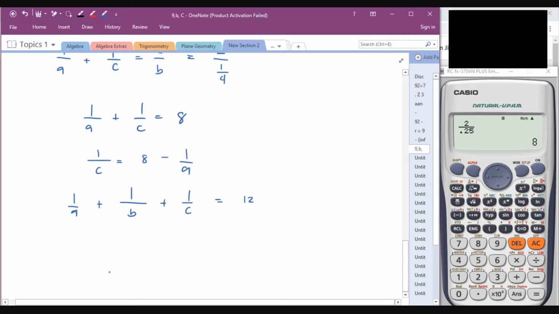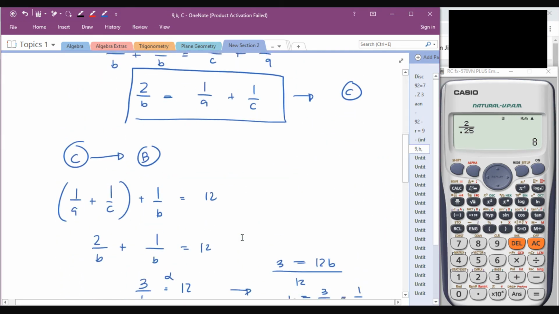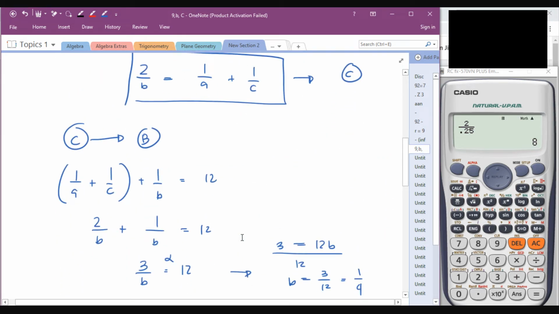O, meron na tayong value ni B at yung kay 1 over C. So, 1 over A plus 1 over 1/4 plus 1 over C. Ang 1 over C mo dyan is 8 minus 1 over A, equal to 12. Tama ba? Yun. Hindi dapat makancel dito si 1 over A.